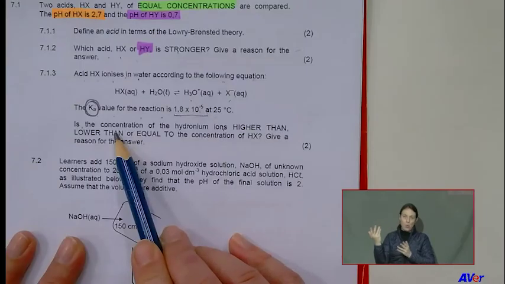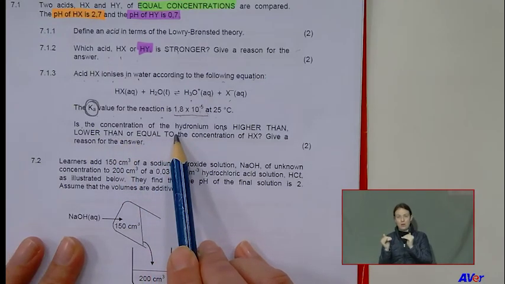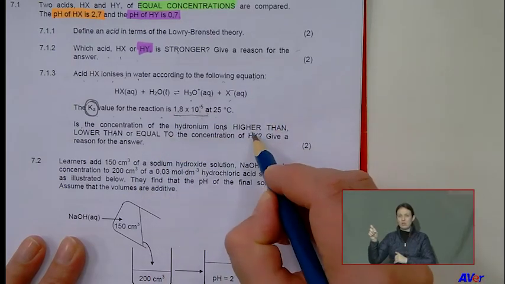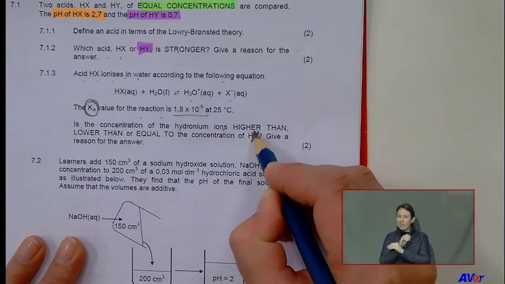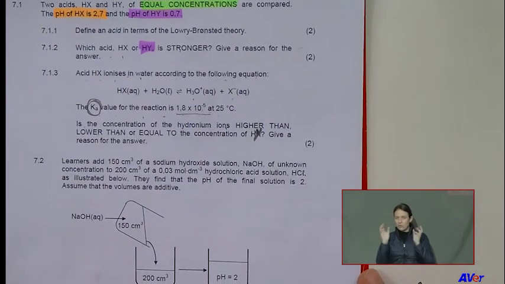Now they ask, is the concentration of the hydronium ions higher than, lower than, or equal to the concentration of HX? Sorry, I think that should be HY. That is a typing error. Of HY. Give a reason for your answer.